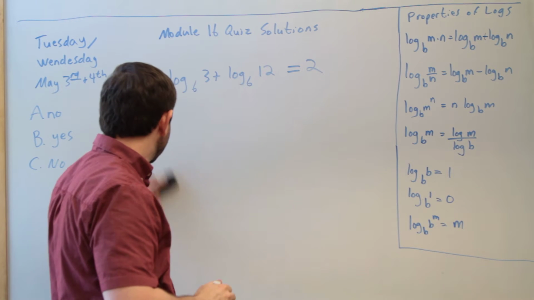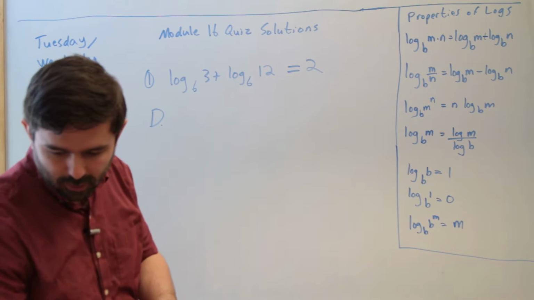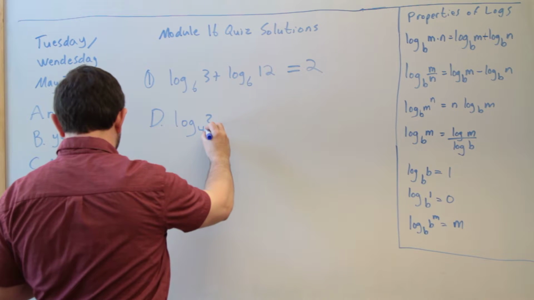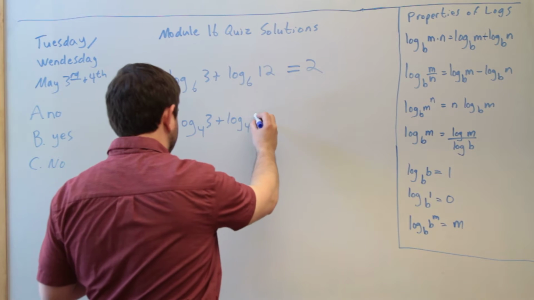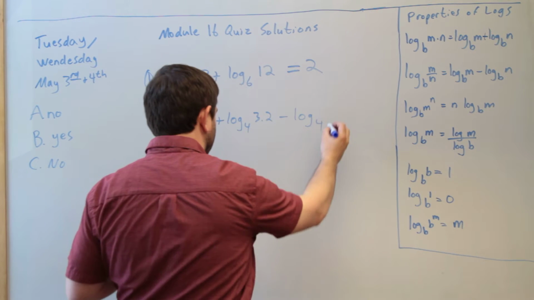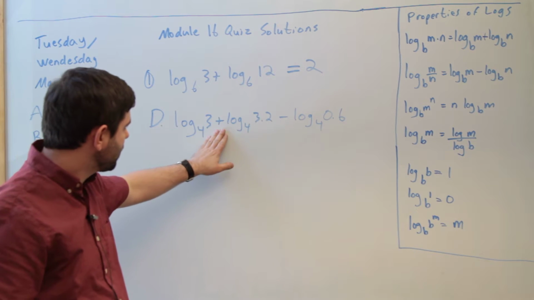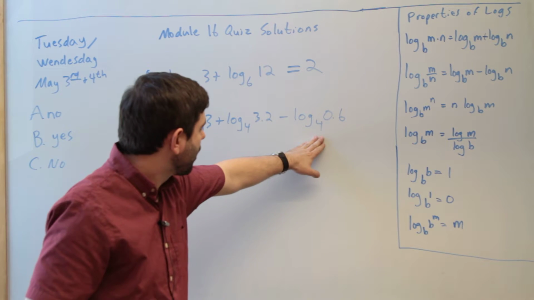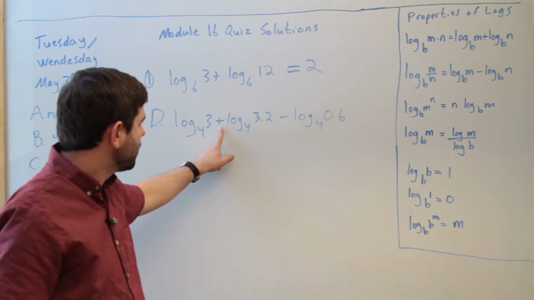Let's take a look at D. Log base 4 of 3 plus log base 4 of 3.2 minus log base 4 of 0.6. Okay, we got a couple different things going on here. We got addition, subtraction. We should be looking for the base of the logs. They're all the same, so that will be helpful for us. Let's do our addition first.